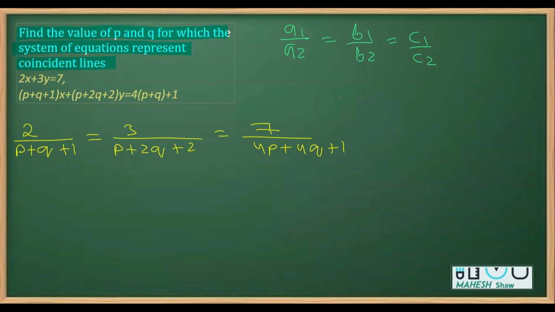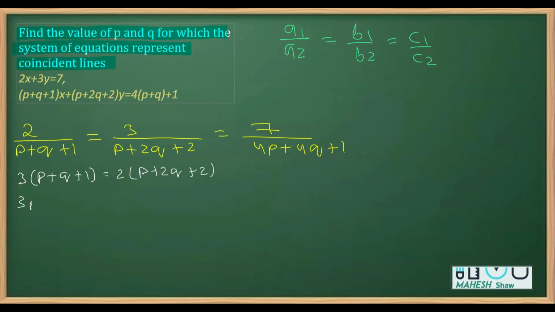Now first I'll do cross multiplication between these two. So if I do cross multiplication between these two, it's going to be what? 3 multiplied by this. And let me write it down. This is 3 multiplied by p plus q plus 1, and the other side it is 2 multiplied by p plus 2q plus 2.